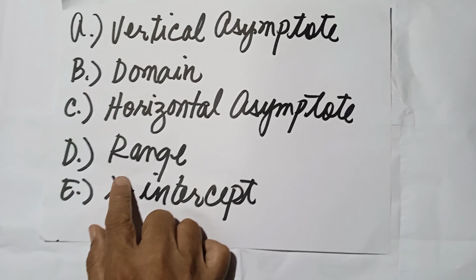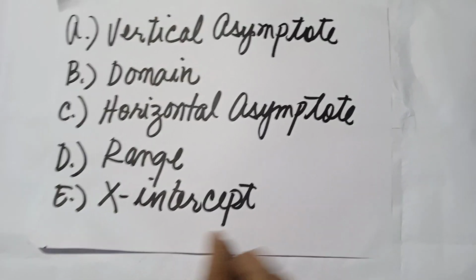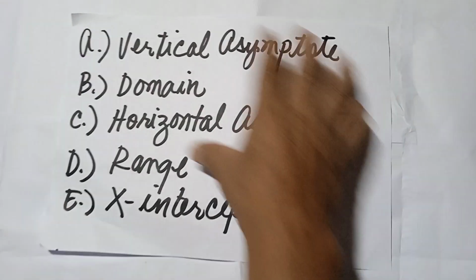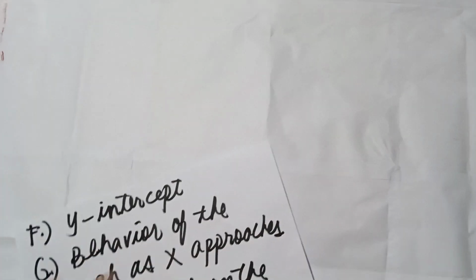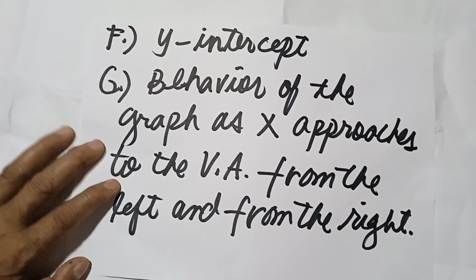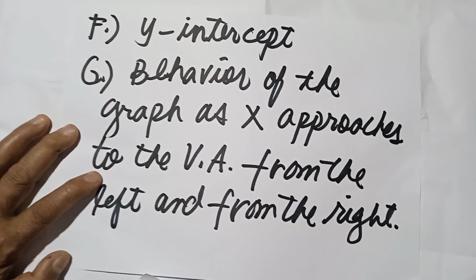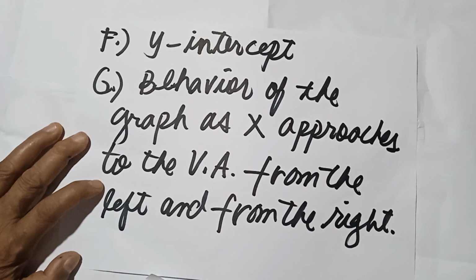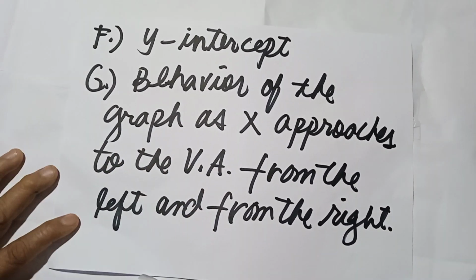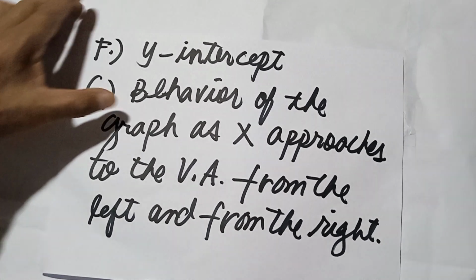Letter D, range. Then E, x-intercept. F is y-intercept. Letter G, the behavior of the graph as x approaches the vertical asymptote from the left and from the right.